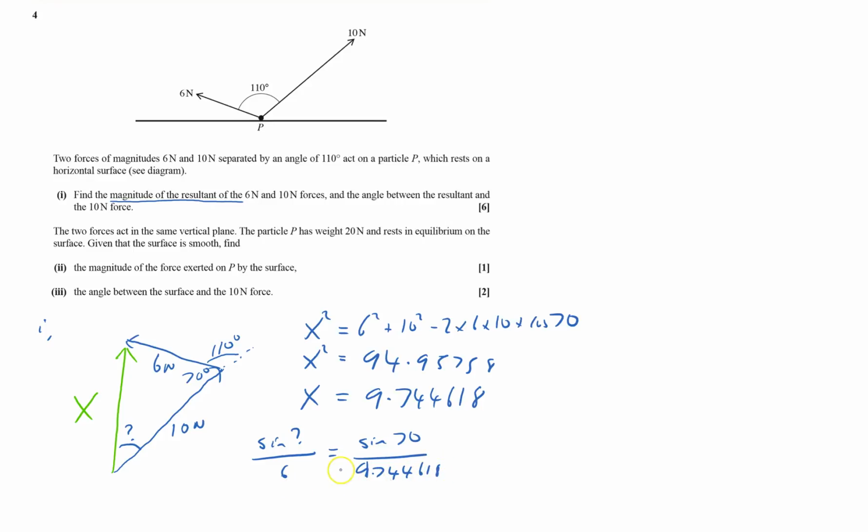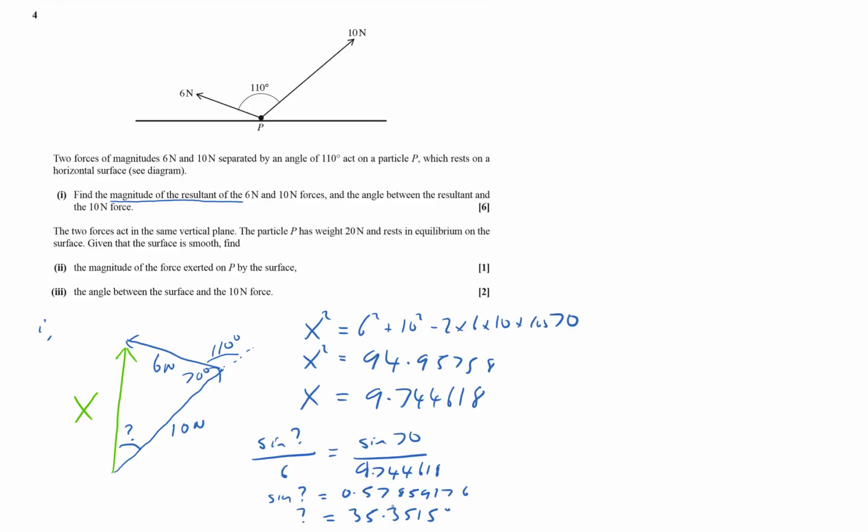And if I times everything through by 6, that gives me sine of question mark equals 0.57859176. So the angle equals 35.3515 degrees. Obviously you round them to 3 significant figures.